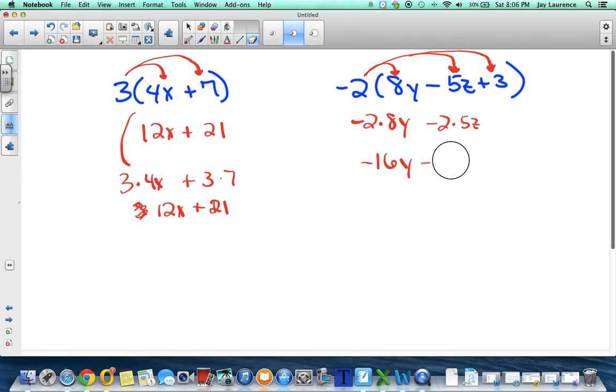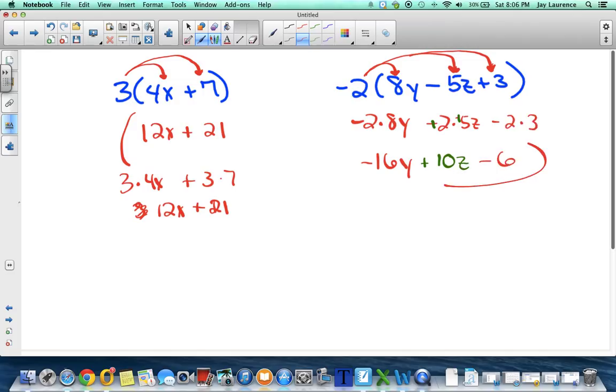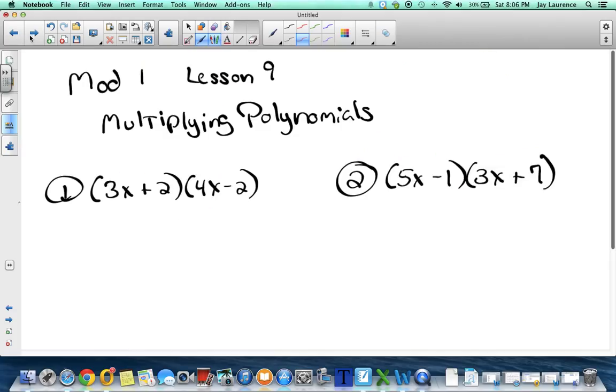Whoops, I have a mistake. I multiplied a negative 2 times a negative 5z. Those two negatives cancel and turn into a positive 10z. And then I have to multiply negative 2 times a positive 3. And that'll be a negative 6. All right? So we're going to be essentially double distributing.